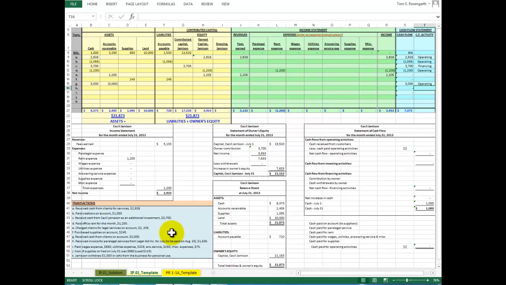So Cecil has incurred an expense for legal services of $1,635. So we will enter a negative amount in paralegal expense, $1,635. But because Cecil will not pay for this until the following month, Cecil will have an account payable increase of $1,635.